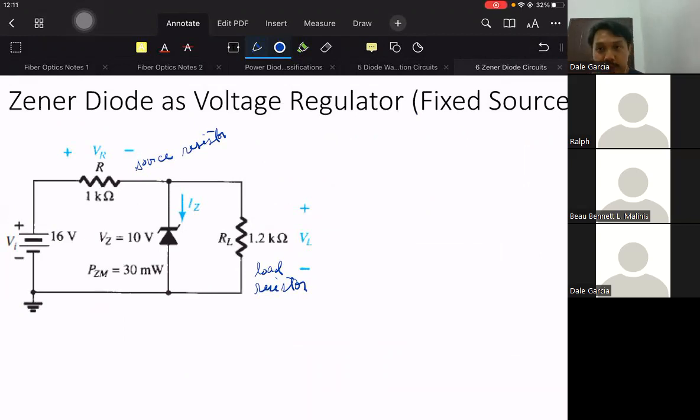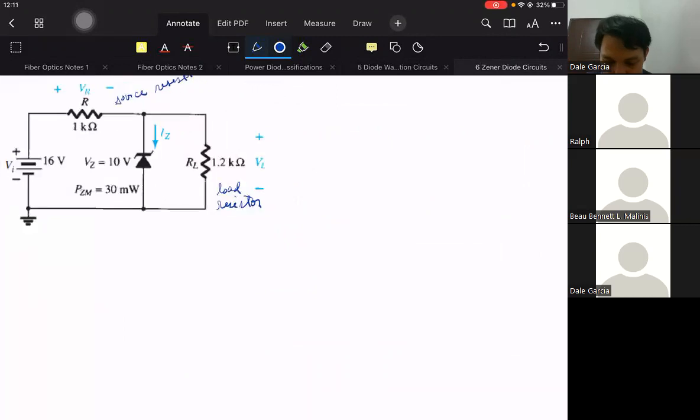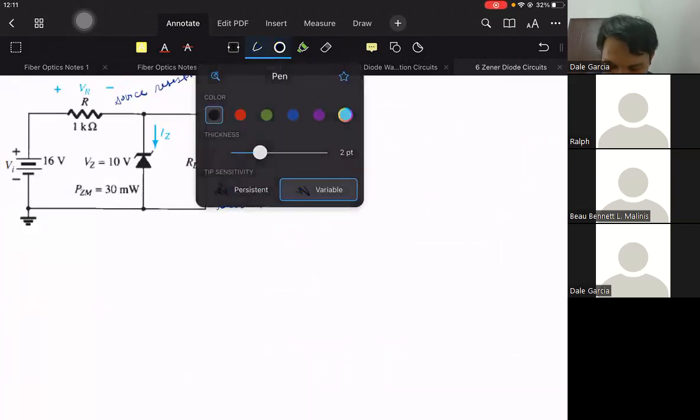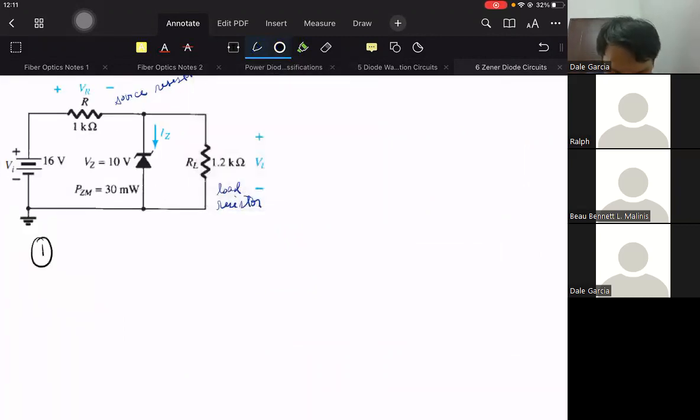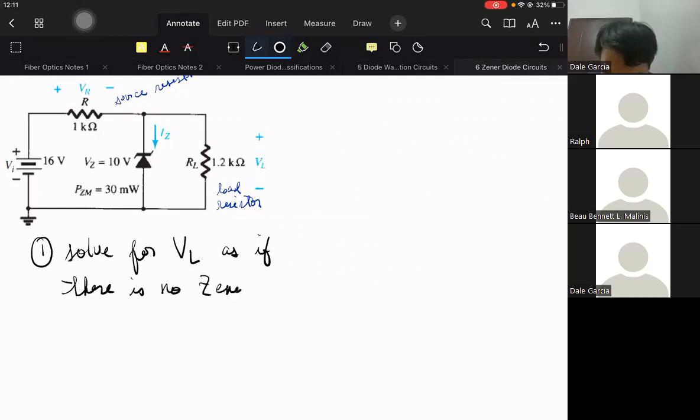First step actually is to solve for the voltage divider voltage as if the Zener diode does not exist. So first step, solve for VL as if there is no Zener diode.